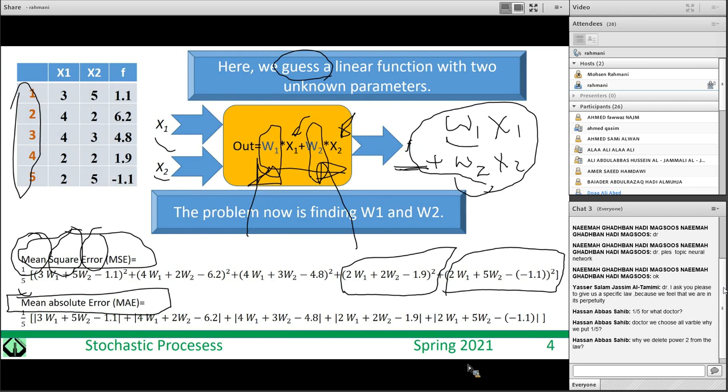Mean absolute error is the average of the difference between the output and the desired output.